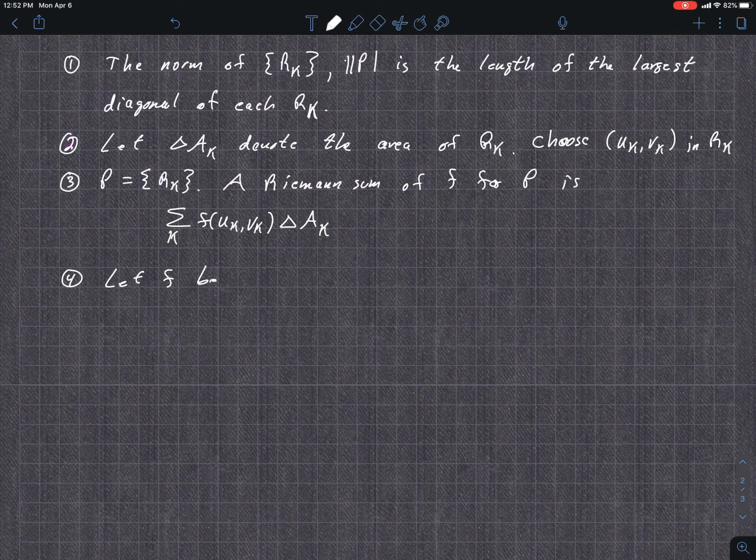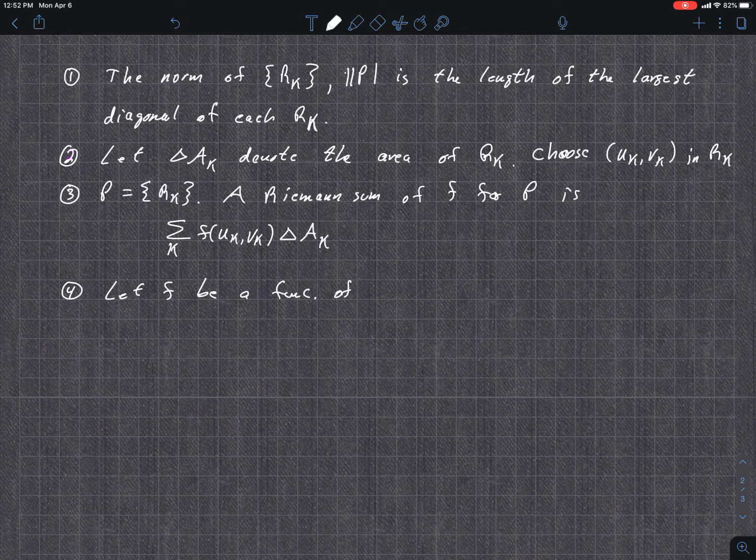So for 4, let f be a function of 2 variables defined on R. Then the double integral of f over R is defined to be this.